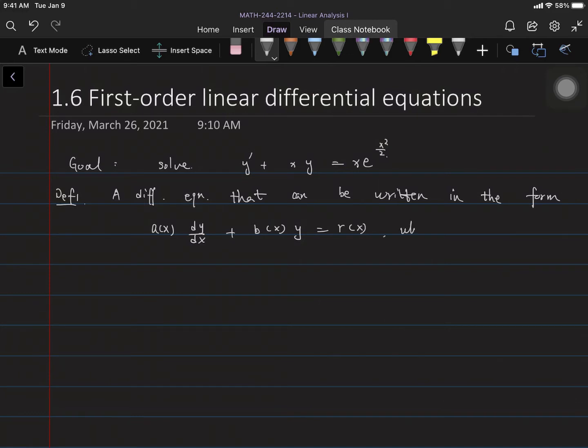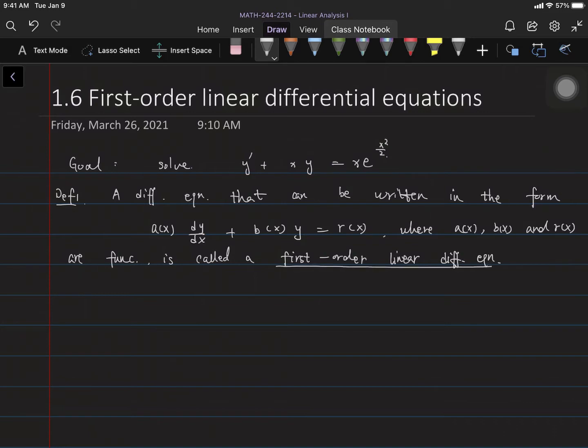So here a(x), b(x), and r(x) are all functions of x. And in this case, this differential equation is called a first order linear differential equation. Okay, that is the definition.